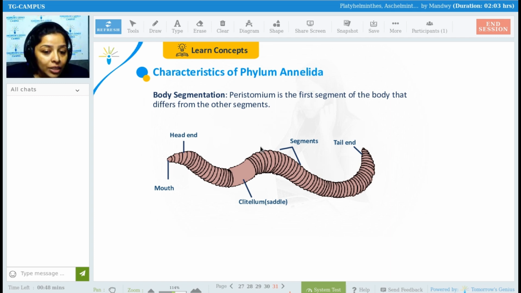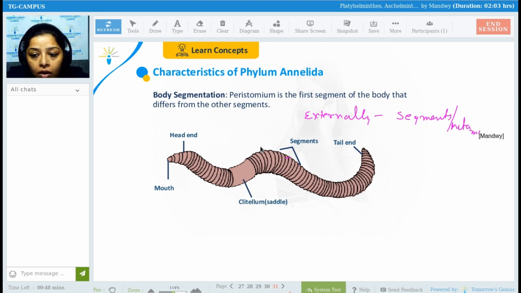Externally there is segmentation, called metamerism, with segments or metamers, and internally they are divided by septa.